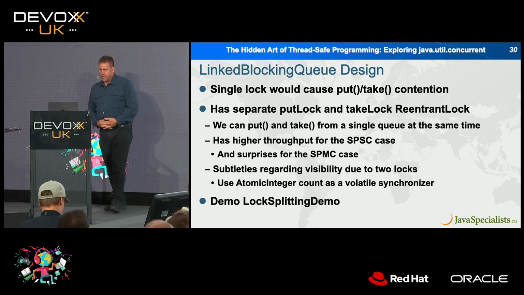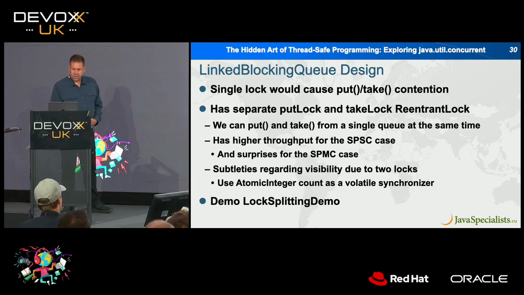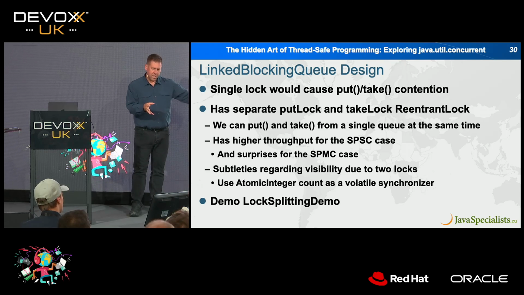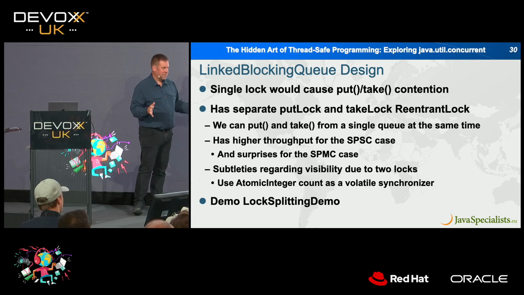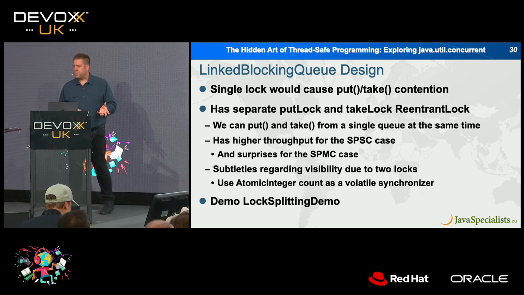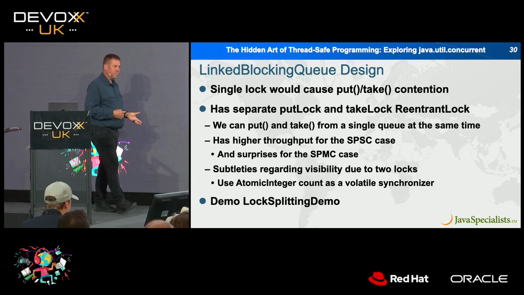Now that's amazing. But it does cause a problem, because if a thread puts and somebody else takes on different locks, how do they ensure visibility of the data they've just written? They use a very sneaky trick where they store the count inside an atomic integer.